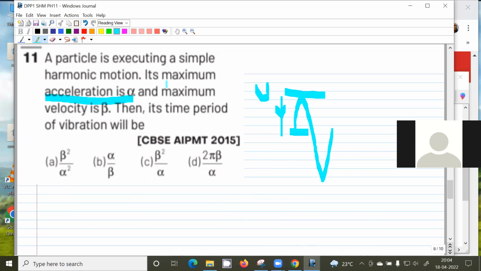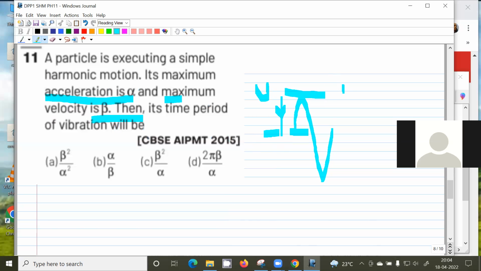Maximum acceleration is alpha and maximum velocity is beta. So what is the velocity at the mean point? In this question it's beta. Alpha and beta are constants.